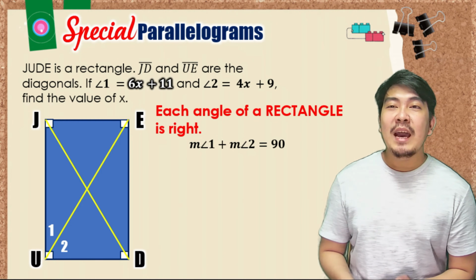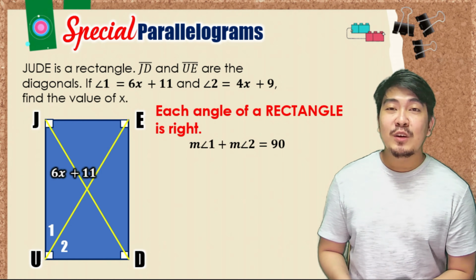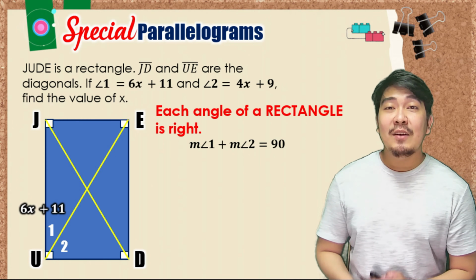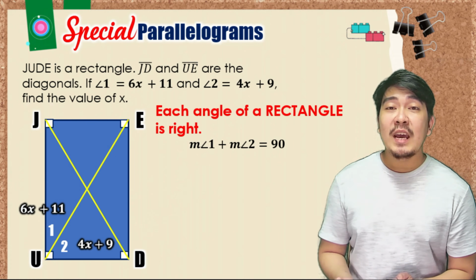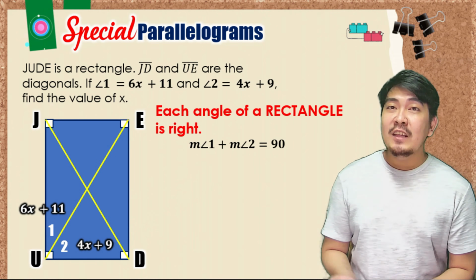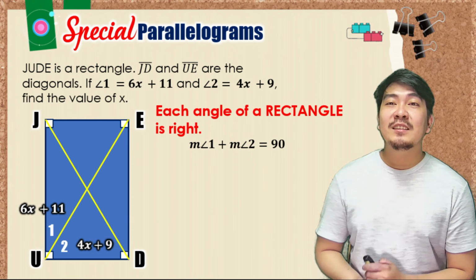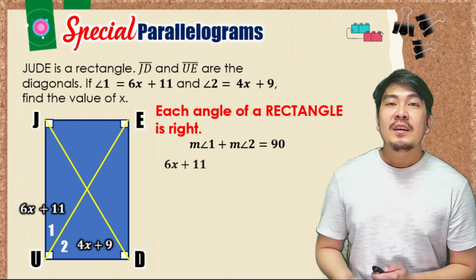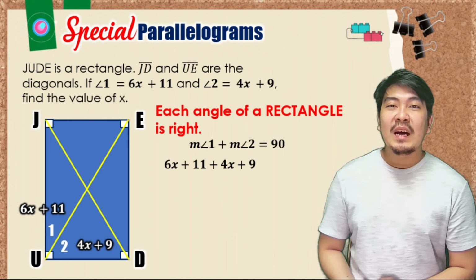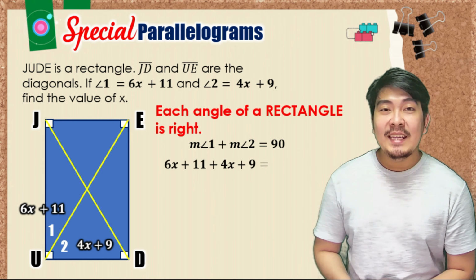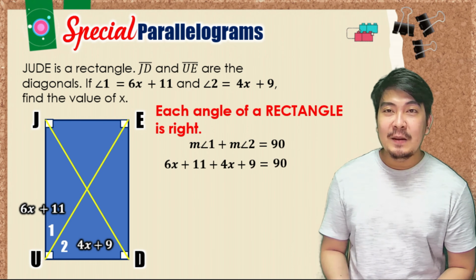So the given, we have angle 1 that measures 6x plus 11, and then the other one, angle 2, has the measure 4x plus 9. So again, if you are going to add the two angles, the sum must be 90. So that will be 6x plus 11 plus the measure of angle 2, 4x plus 9 is equal to 90.